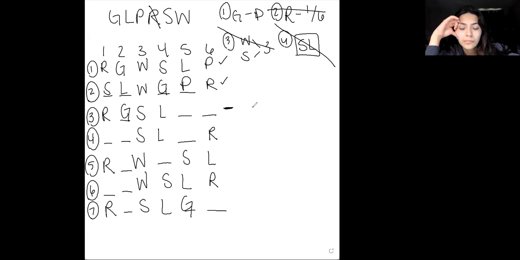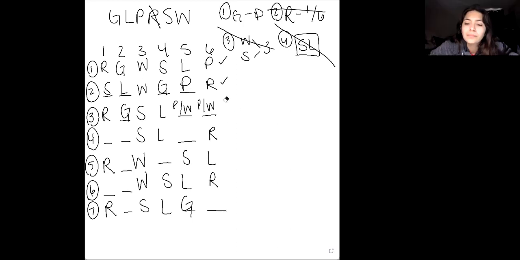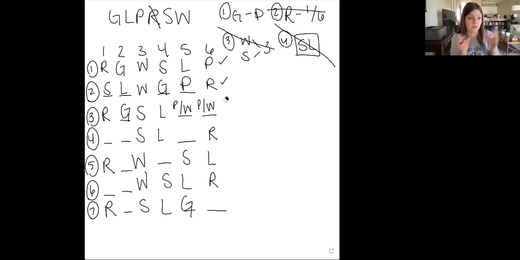So we're not forced to put W in 6, or P in 5 or anything like that. Instead of making another world, we can do something like this: P/W. Then when we pick one for 5, let's say I pick P, I know I'm going to be forced to pick W in 6. So that prevents making another world. In my opinion, that's an easier way of mental gymnastics than the other ways I've been showing you, because you see both of them in the same spot.